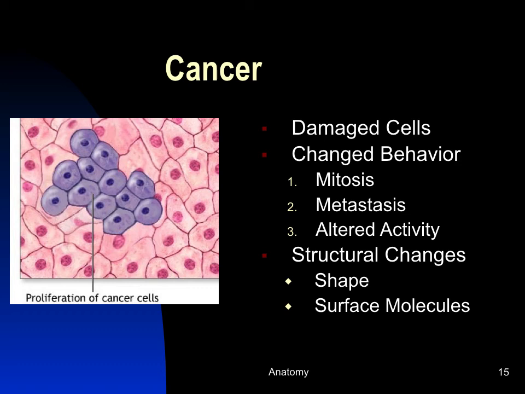They may break off and travel in blood vessels. That's called metastasis. And you have altered activities. They may set up a large growth that attracts new blood vessels. That's angiogenesis. So we can recognize these changes in the tissues, and often we can recognize what tissue the cancers came from.